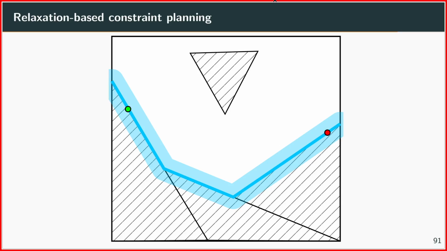Right. But what about if I just sample here something and I connect them, then it would be valid. And I could just say, okay, let's only consider edges which are exactly inside of this region, they are valid. Yeah, but if I have it on a corner, then interpolation doesn't work anymore. So I can't interpolate. Like, what's the question? Because I would say it doesn't always work, so it's not guaranteed.